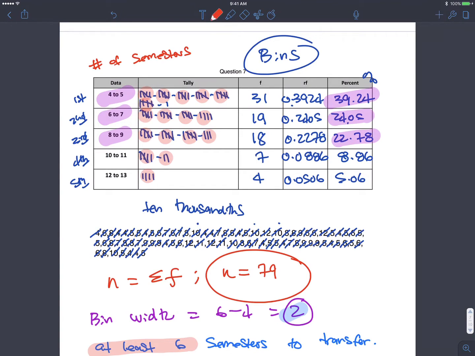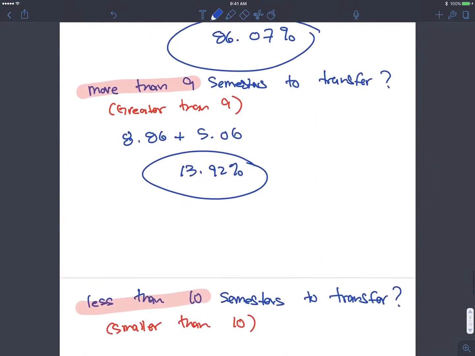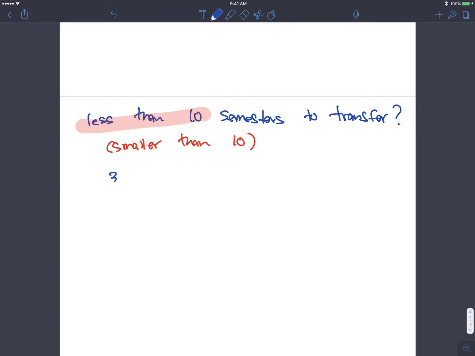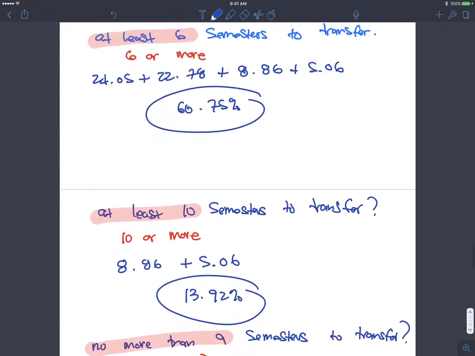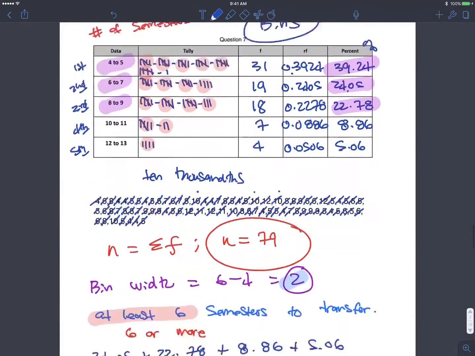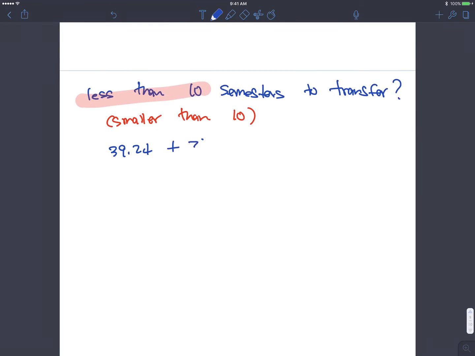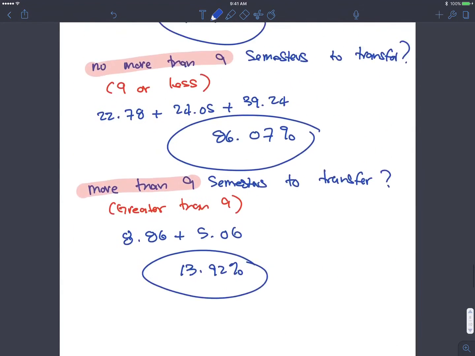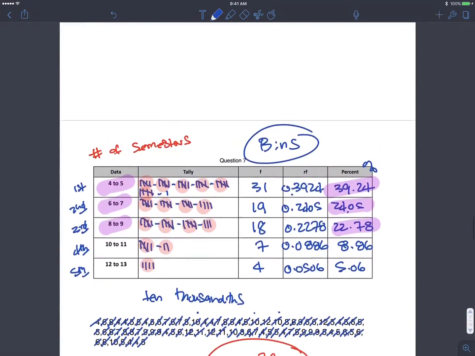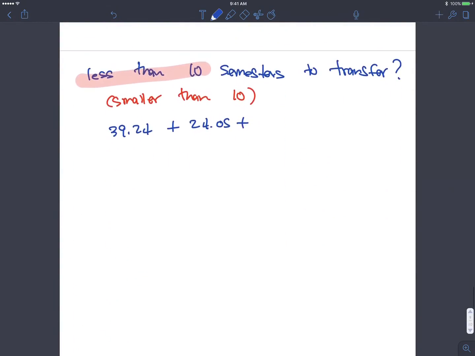So if we actually add these values now, 39.24 with 24.05, 22.78.